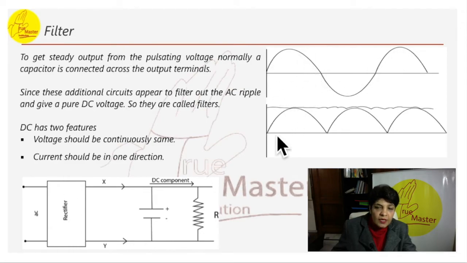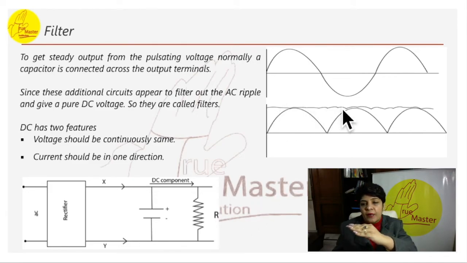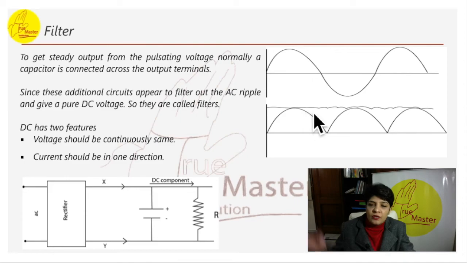But due to the capacitor and resistance acting as the filter, the voltage coming out has little waves, like 10, 9.5, 10, 9.5, 10. So it's not drastically going down. It keeps the voltage more or less constant, but not completely constant. It is still varying, but not on a major scale.